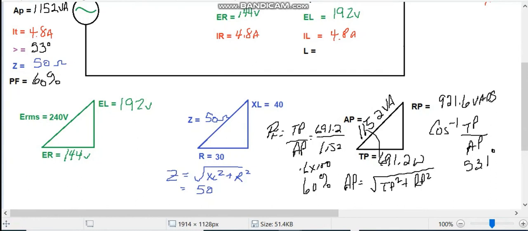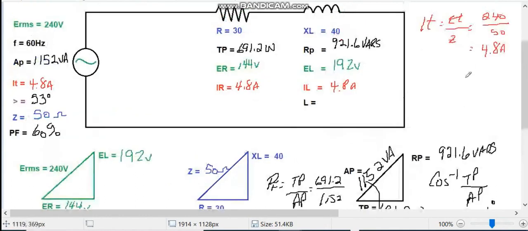Okay, the last thing I wanted you to do was to find the inductance. And if you recall, I said to you that the value of inductance is equal to the reactance over 2 pi frequency. That's just transposed. That's just XL equals 2 pi FL, right? I mean, that's all that is.